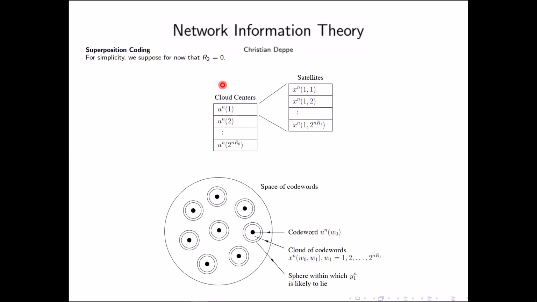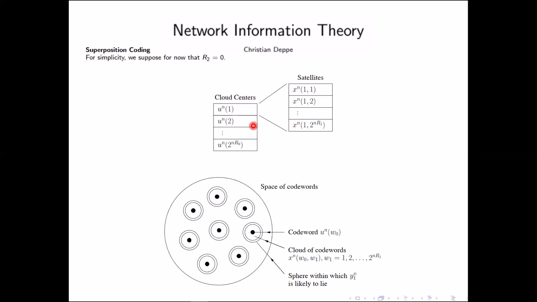The idea is now the following. First, we have a codebook for the common message. This codebook, we generate via the alphabet U to the n, and we use some random coding here, and then the sender gets the common message and chooses the codeword.